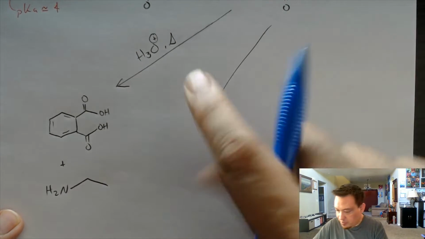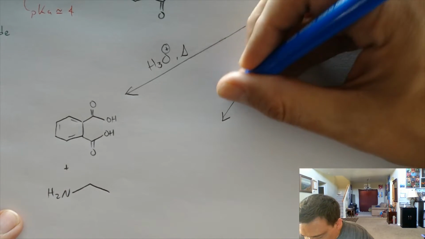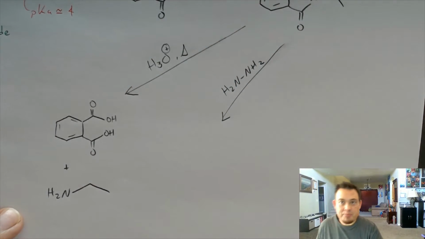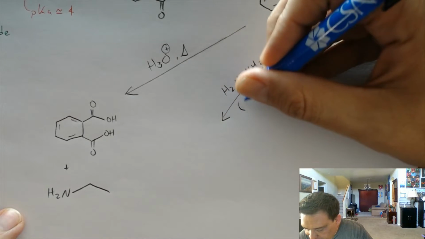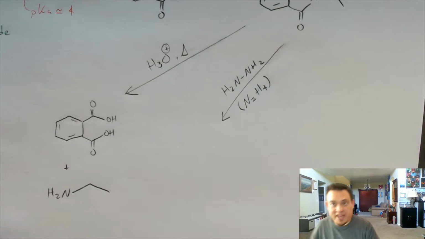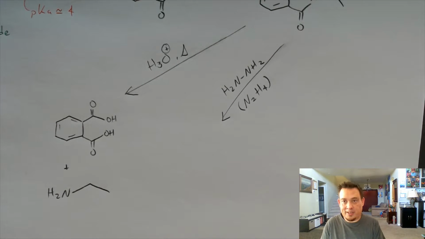And then this particular reagent here is that particular compound. You may see it written as N2H4. I've seen it written that way. This is hydrazine.